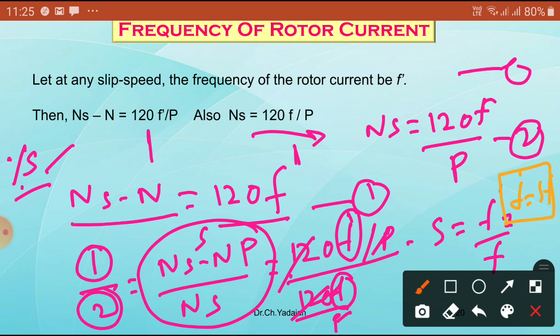That means the frequency of rotor current at any speed is equal to the slip times the normal frequency. If you know the normal frequency and the slip, then we can easily calculate the frequency induced in the rotor conductors at that speed. This is a simple equation.